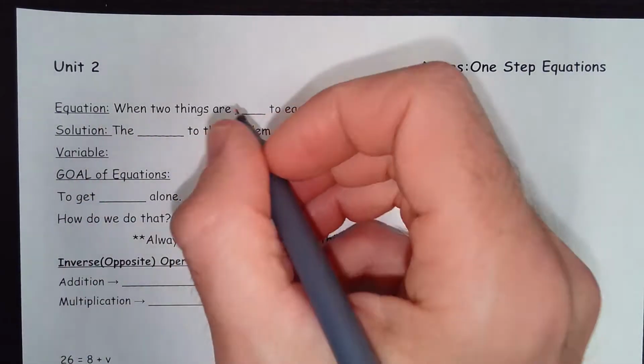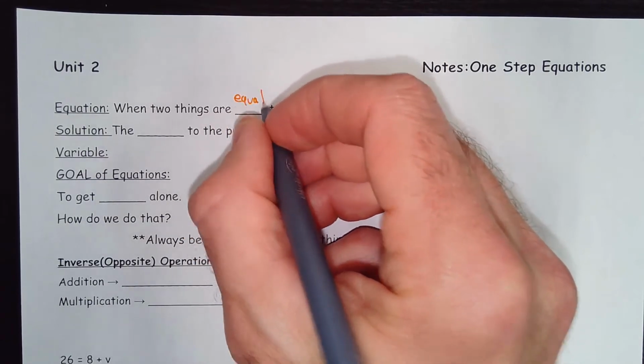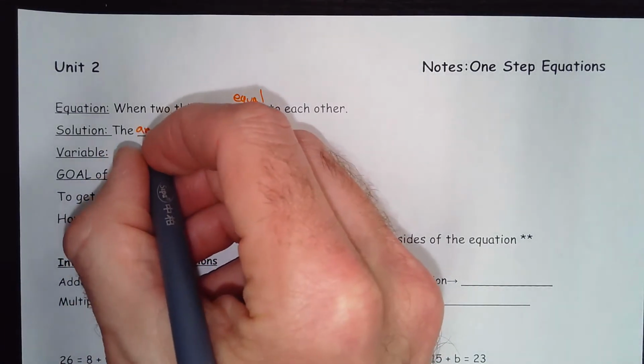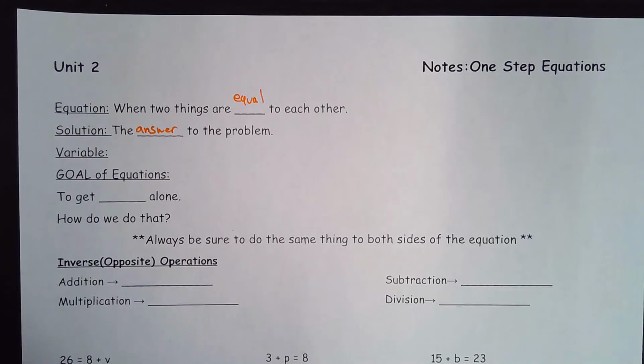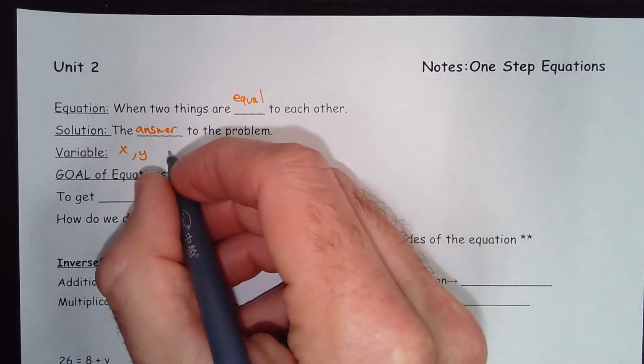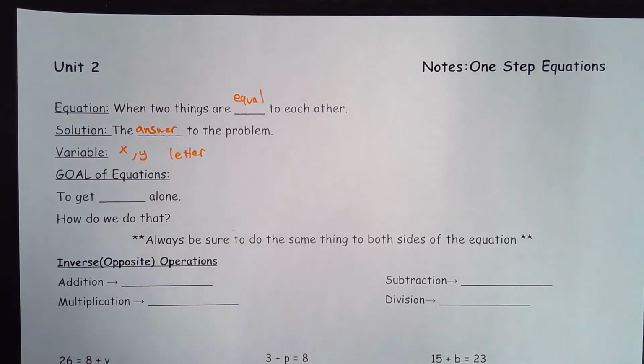So an equation is when two things are equal to each other. What is a solution? A solution is the answer to the problem. A variable is like x or y. It's a letter that you see in the problem.